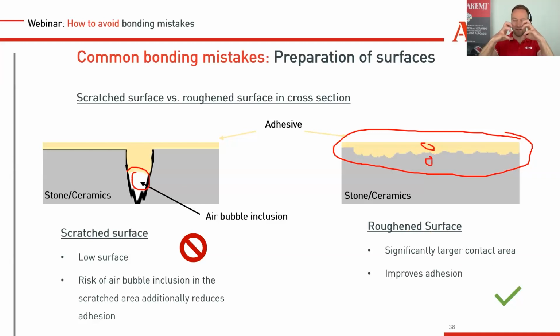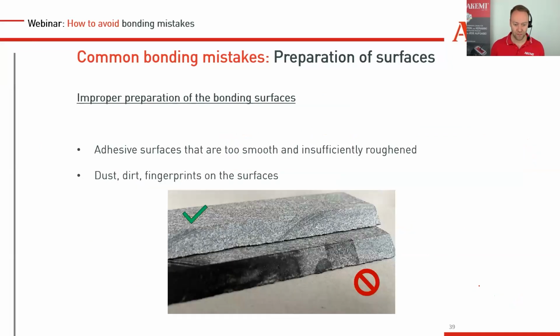So it can really grab into the stone or the ceramic, and this improves the adhesion drastically. We have done tensile strength tests without a roughened surface and with a rough surface, and with the tensile strength testing machine there is a big difference. So always please roughen the surface.